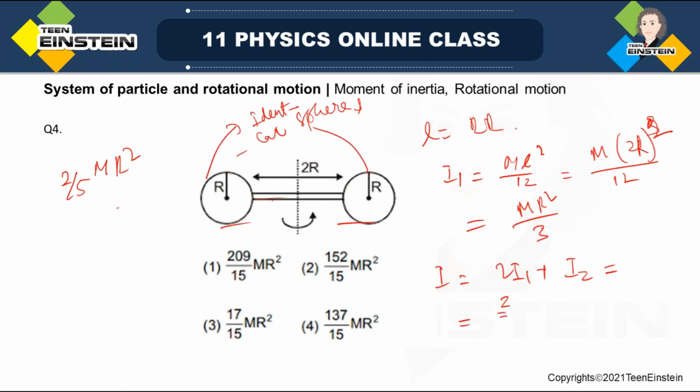I01 is 2 by 3 m r square. This I2 is 2 into 2 by 5 m r square.